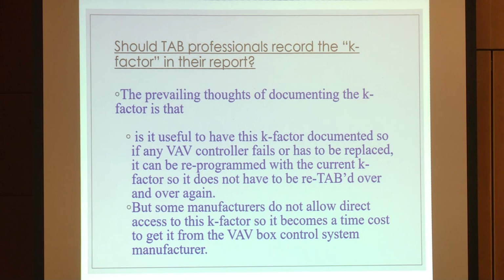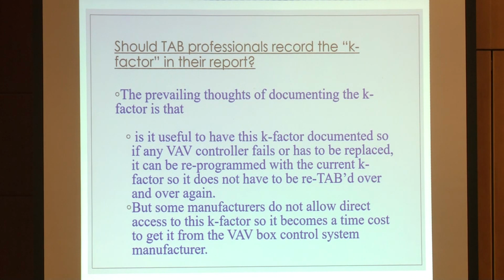And so one of the arguments in using VAV boxes between the TAB professional and the control guy is that once you set that VAV box, there is what we call a K factor. It's now programmed into that box. It's a factor that that box uses. What the TAB professional likes to do is write down that number, which is typically some fractional number of 1.